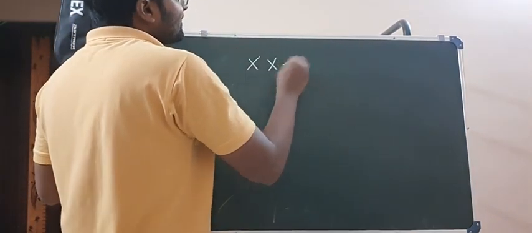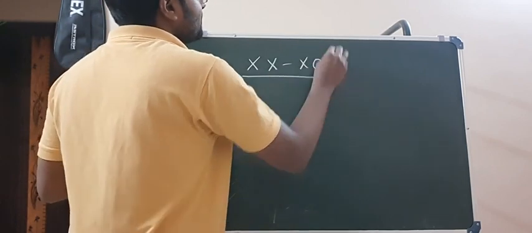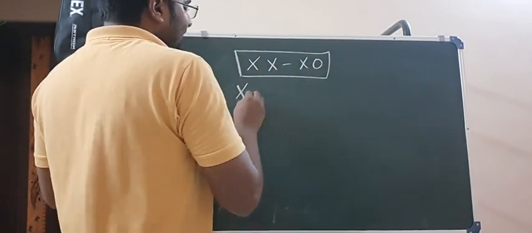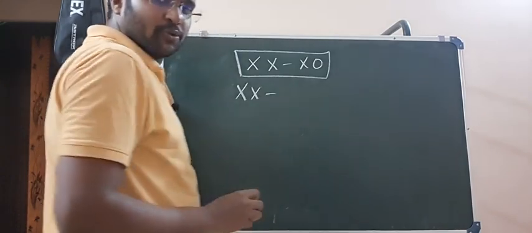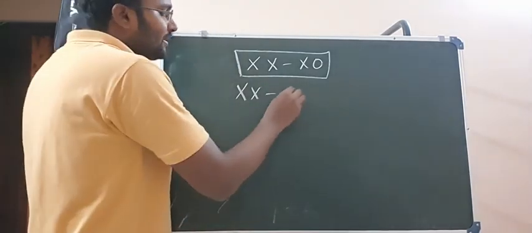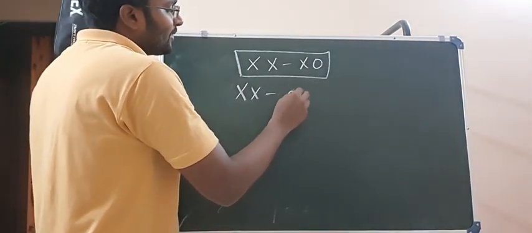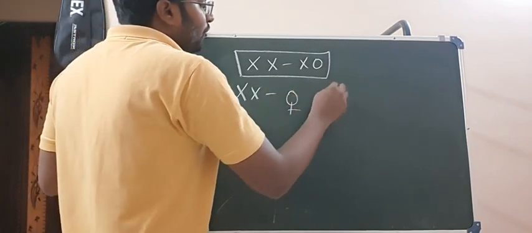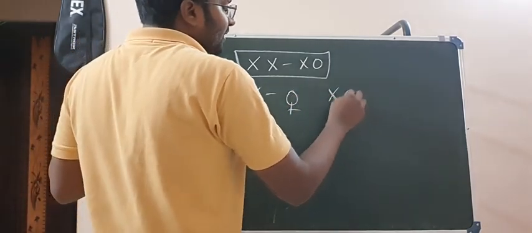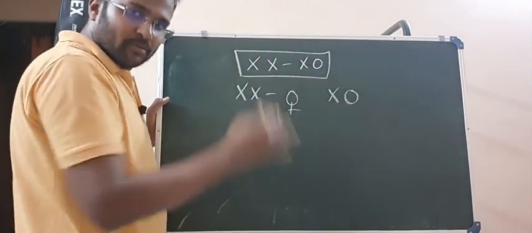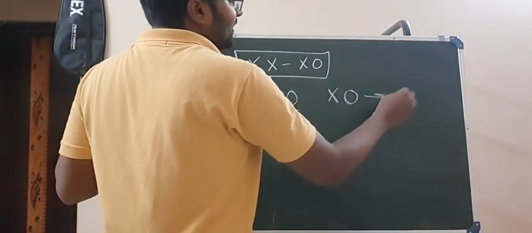One more type is there, the XX XO type of sex determination. Here if two X chromosomes are there, then that is female. If only one X chromosome is there and no other sex chromosome, then that is male.